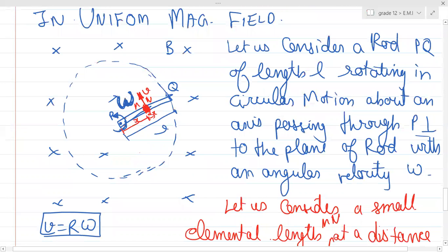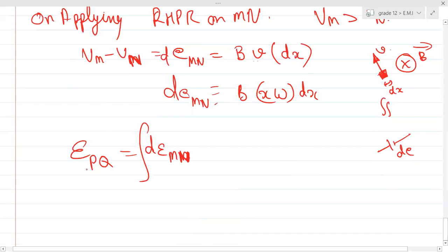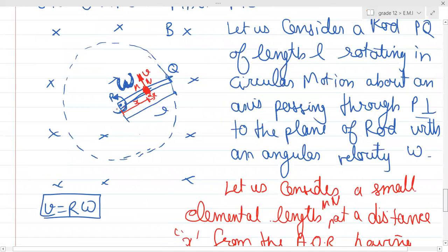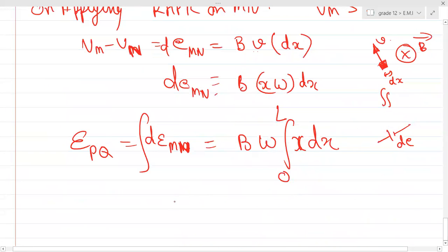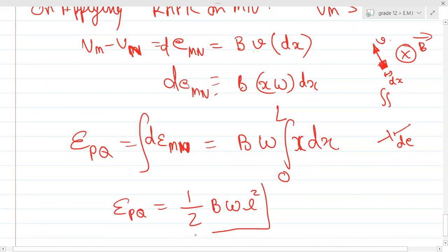When you integrate all the elements, it will become the EMF across P and Q. So this will be equal to the integration of B omega x dx from 0 to L. Sir, why are the limits from 0 to L? Because the first element is over here and the last element is over here at a distance L. So when I solve, the EMF across rod PQ will be equal to half B omega L square.